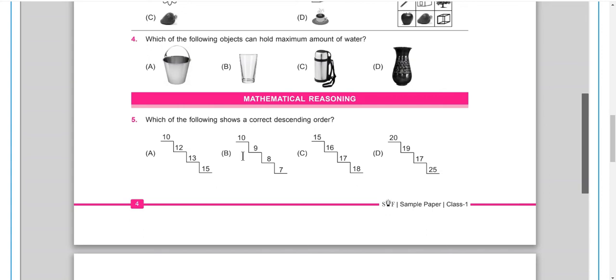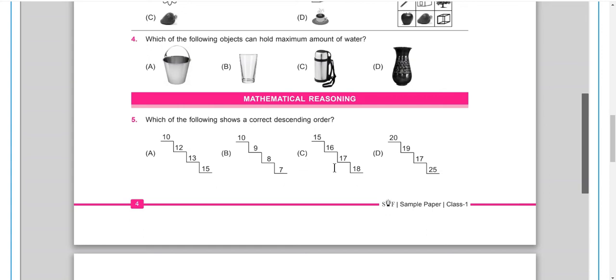So this is wrong. Let's check this one: 10, 9, 8, 7. What do you think? It's fine, because the highest number is coming up. So we can say that B is the correct answer.